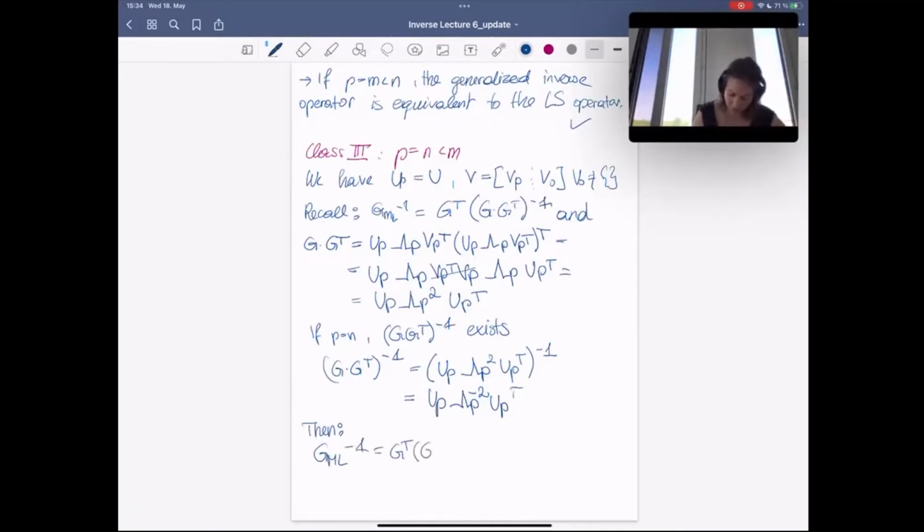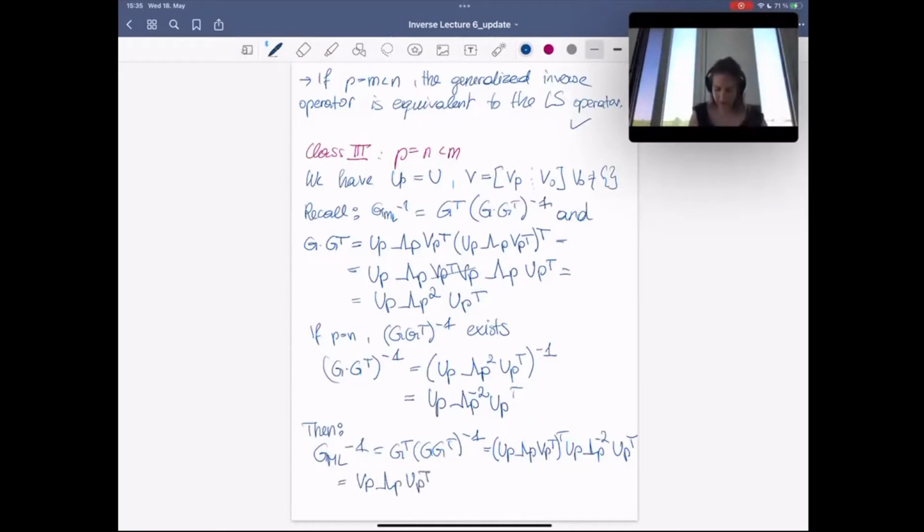So G transpose times the inverse of G G transpose equals UP lambda P VP transpose, transposed, times UP lambda P to the power of -2 UP transpose, equals VP lambda P UP transpose.